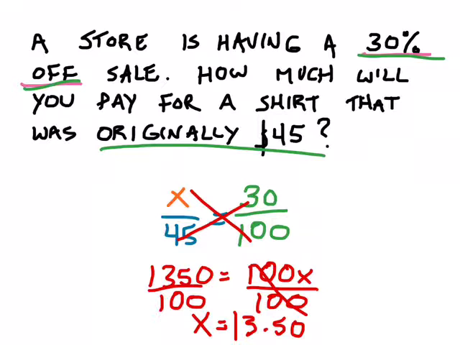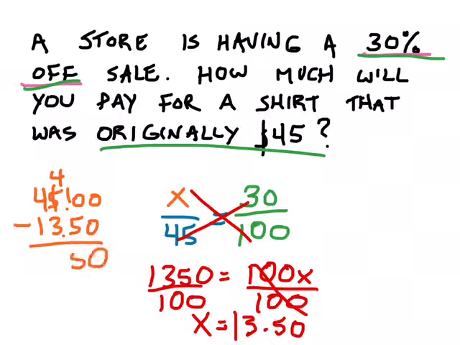So to finish this off, I'm going to have to take that $45 and remove the $13.50 that it says are being removed. And that is going to get me the answer to my question. So, the shirt that originally cost $45 is now, with a 30% off sale, going to cost me $31.50.